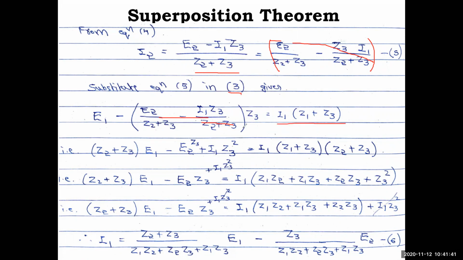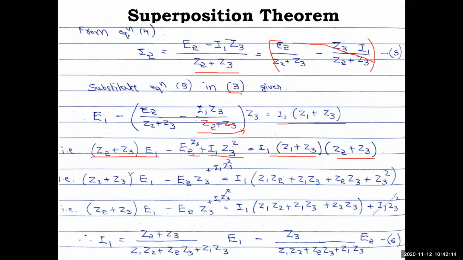Z2 plus Z3 is there in the denominator, so I will take the LCM, then it will come in the numerator: Z2 plus Z3 into E1 minus, we'll multiply this into Z3, E2 Z3 minus E2 Z3. So then minus minus plus will come, and I1 Z3 into Z3, so I1 Z3 square will come, equal to, here already I1 Z1 plus Z3 is there, into this denominator part, which I have taken in the numerator. That Z2 plus Z3 is also coming over here.